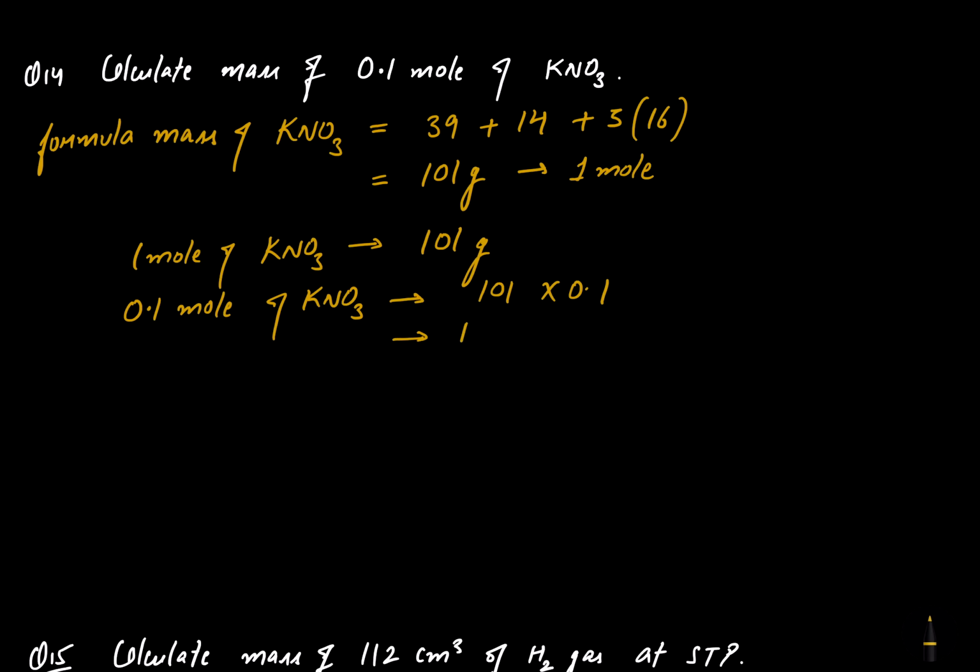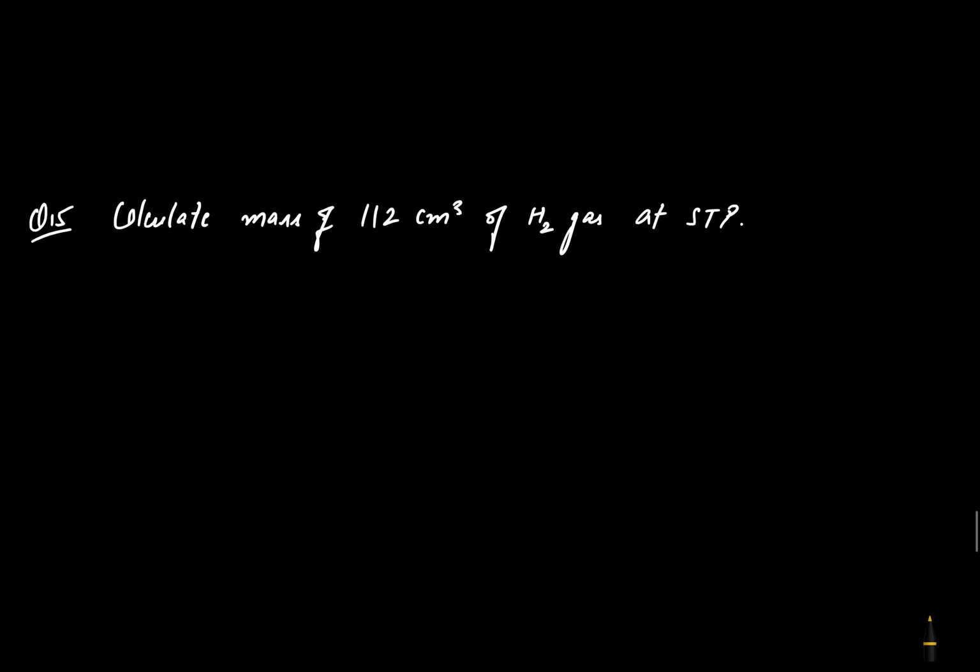It comes out to be 10.1 grams. So the weight of 0.1 mole of KNO3 will be 10.1 grams. In previous numericals, I was converting mass to moles. In this numerical, I have converted mole to mass. So let's move to the 15th numerical.